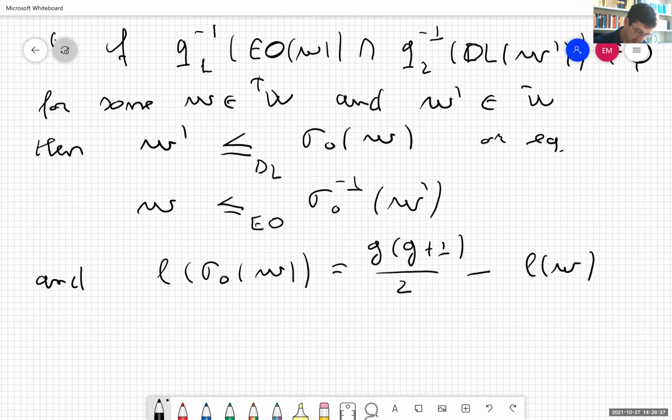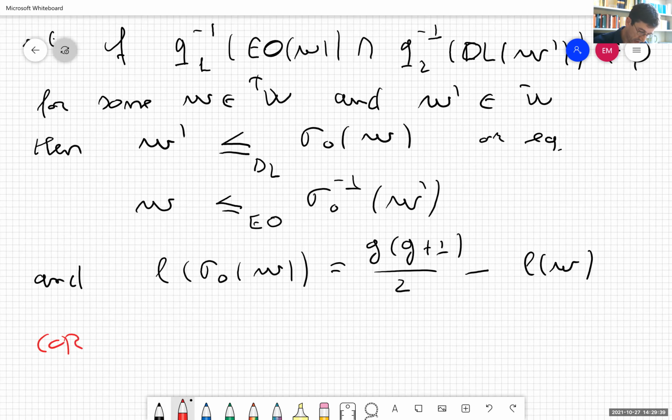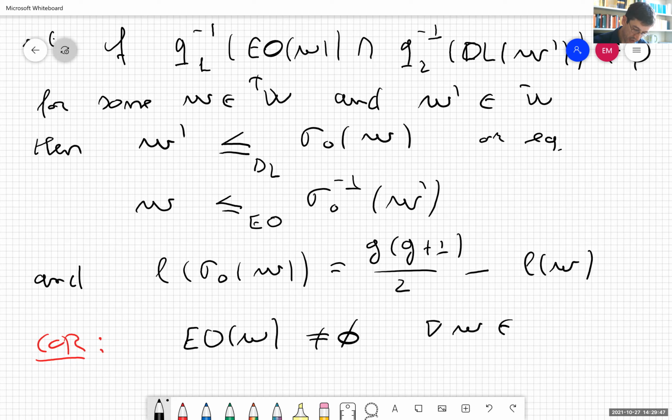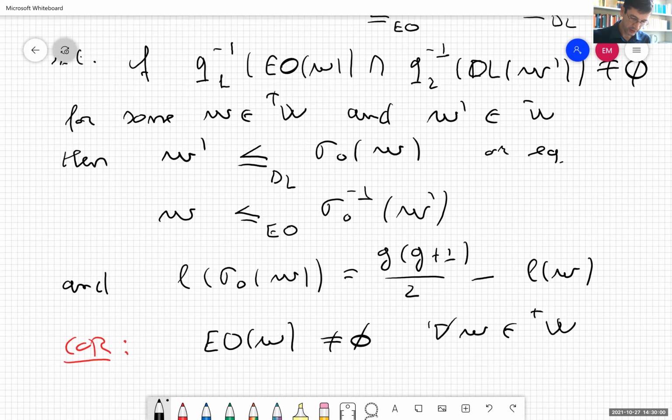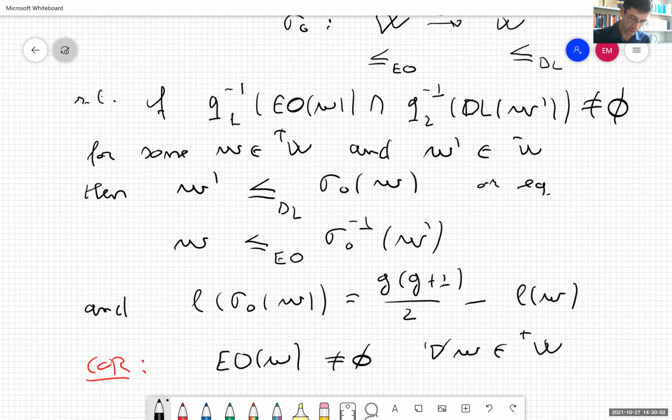And in fact, as a corollary of this type of argument, one can prove that the Ekedahl-Oort strata are nonempty for every W in W plus, which in this case was a result due to Oort himself in the case of A_g. But for general Shimura varieties, it's actually a new result.